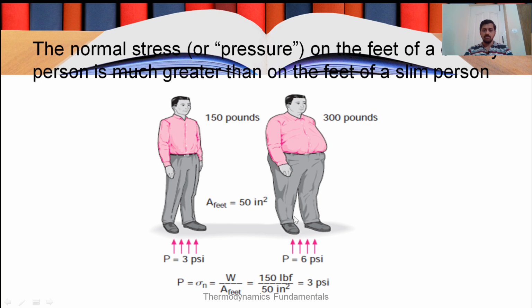The area of the feet in contact with the ground is the same in both cases, but a chubby person is having a very high weight compared to a slim person. He will be experiencing more pressure on his feet.